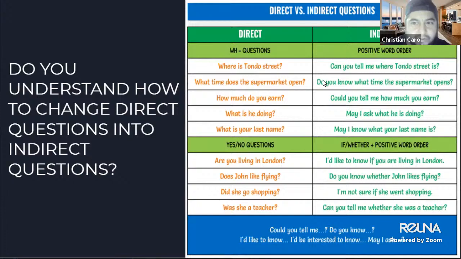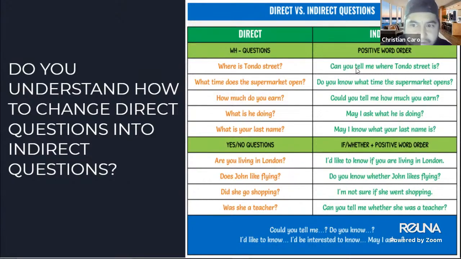So you know that it is a question because of the beginning of the phrase. When you say, can you tell me and do you know, that is marking the question, right? So the rest of the question should end with positive word order.